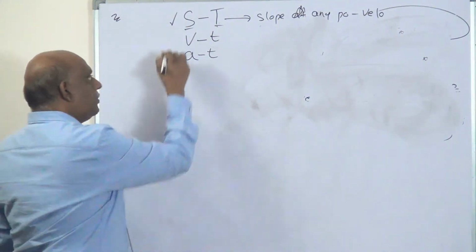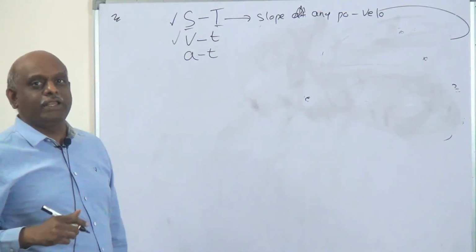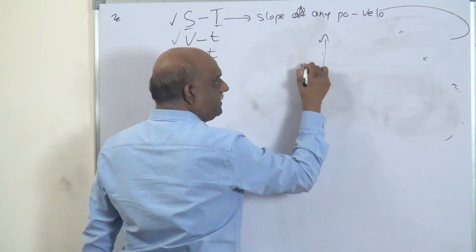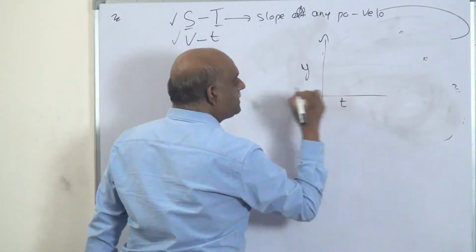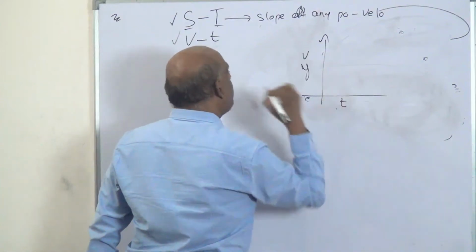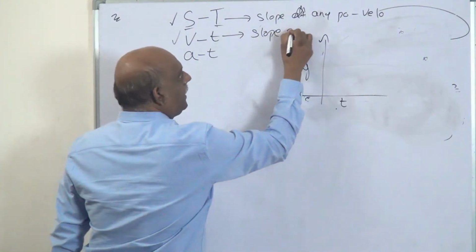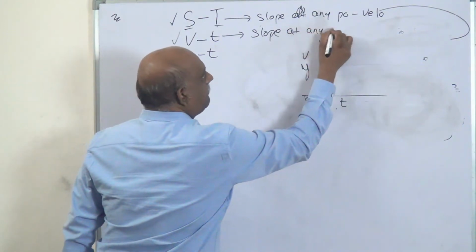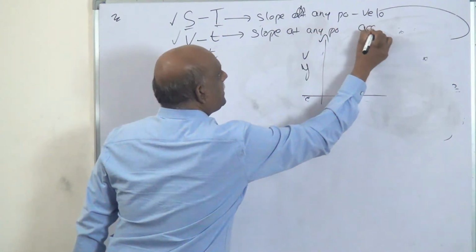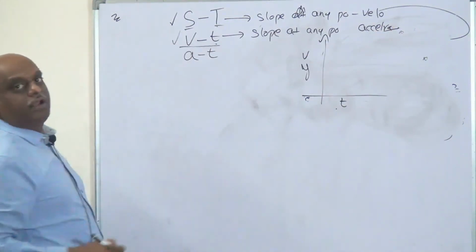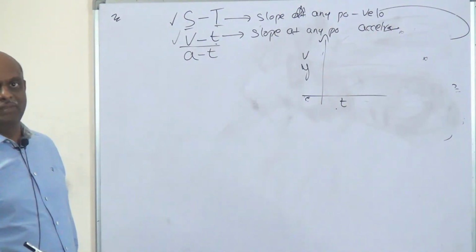Then the importance of velocity time graph: why do we plot velocity on the y-axis and time on the x-axis? Why do we plot velocity time graph? The slope at any point of that graph will give you acceleration. For this, we plot the velocity time graph.